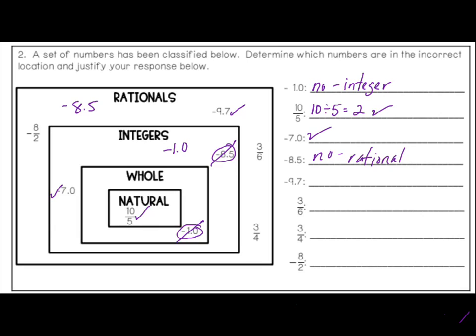-9.7, that one's good. It's in the rational box. 3/6 simplifies into 1/2, but then 1/2 does not become a whole number or an integer, so that means it has to be rational.